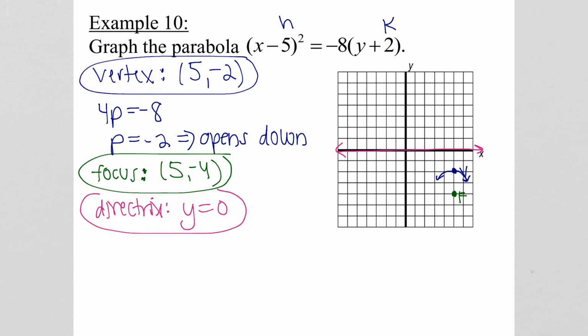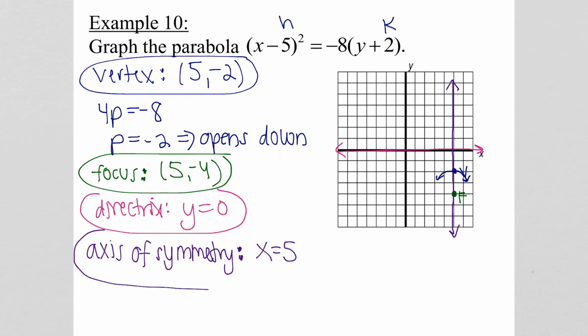After that, they may ask you to graph or state the axis of symmetry. The axis of symmetry must pass through the vertex and focus and be perpendicular to the directrix. This would be x = 5, that vertical line.